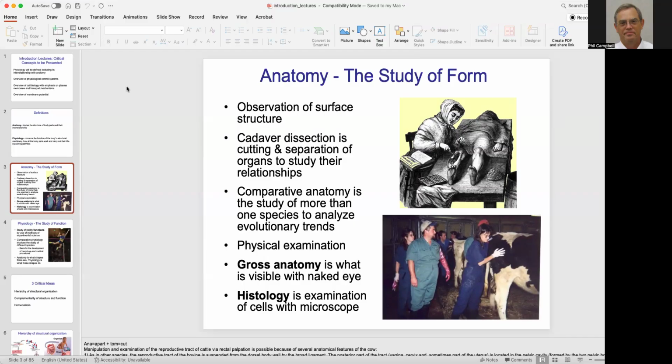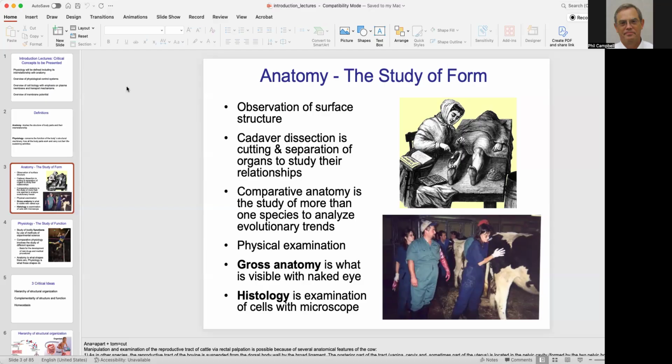So anatomy, again, this is form. These are the parts. All right. Now, generally speaking, traditionally over thousands of years, it's been by observation. And this means the surface, because you don't have X-ray vision. You can't see through a three-dimensional tissue.